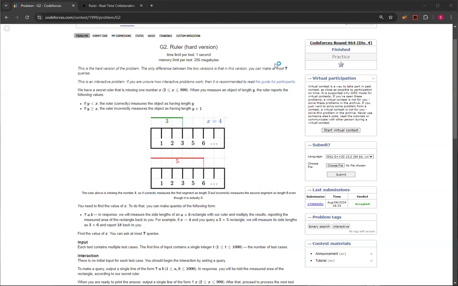For example, for 10 queries, log 2 of 1,000 is basically just binary searching on the x value, which you can do by taking the number 1 and then mid, and you keep on splitting it in half. And log 2 of 1,000 is just under 10, so that'll work for the easy version. However, that won't work for the hard version.